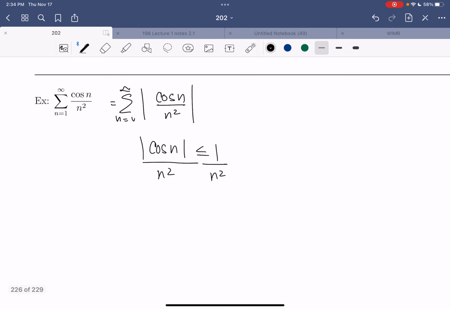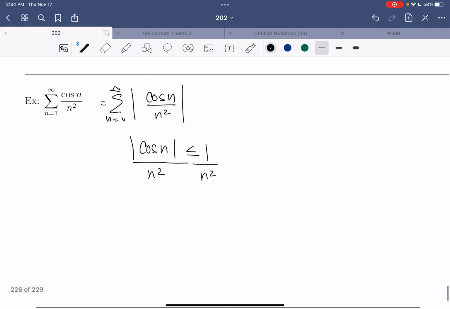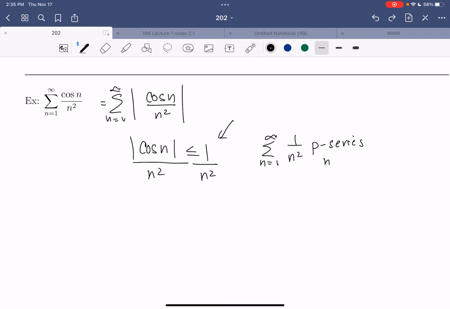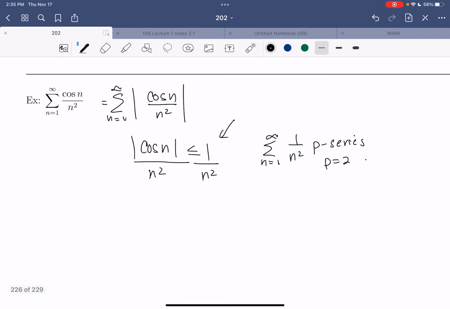So this one is less than or equal to 1 over n squared. And the series n equals 1 to infinity of 1 over n squared is a p series with p equal to 2. And that's convergent when p is greater than 1.